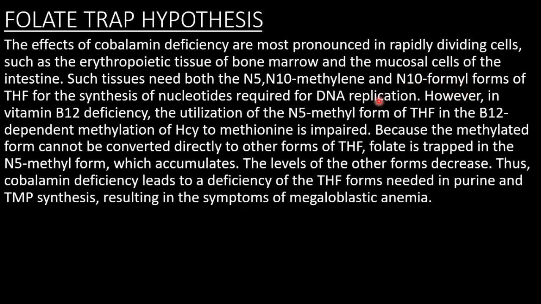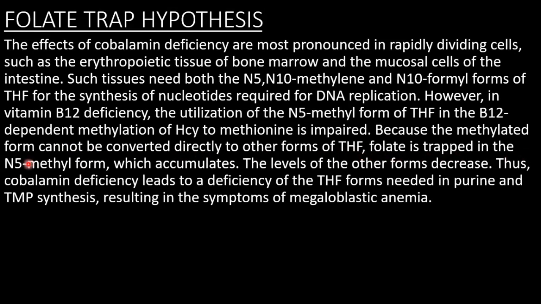However, in a B12 deficiency, the utilization of the N5-methyl form of tetrahydrofolate in the B12-dependent methylation of homocysteine to methionine, catalyzed by methionine synthase, which some texts also call homocysteine methyltransferase, is impaired because you don't have B12. The methylated form, N5-methyl tetrahydrofolate, cannot be converted to the other forms of tetrahydrofolate.